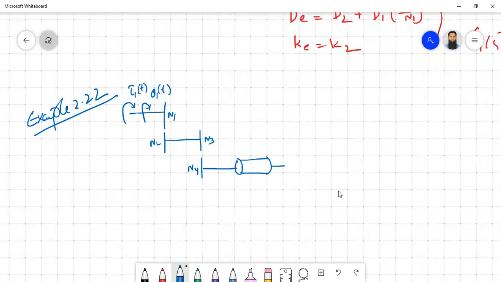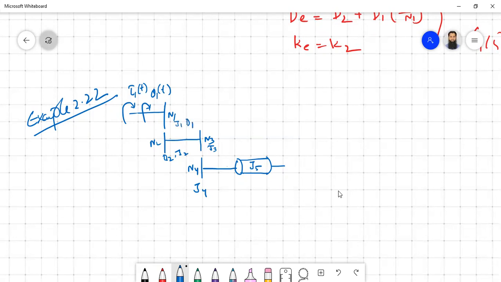Inertias J4 and J5 are given. On this side you have J3, here you have D2 and J2, and on the primary side you have J1 and D1.